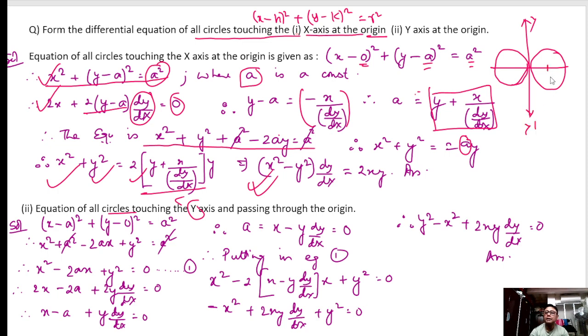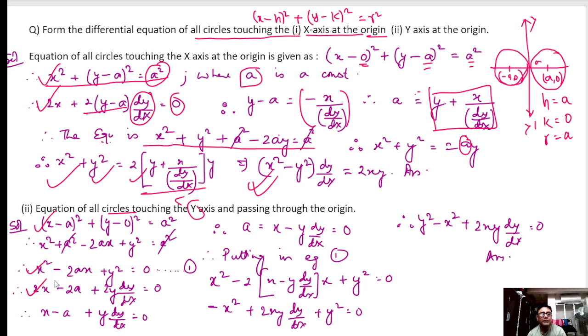That means the center can be a comma 0 or minus a comma 0, and the radius is a. So h is a, k is 0 and r is a. Using this we put this equation, and now expanding it we get this.